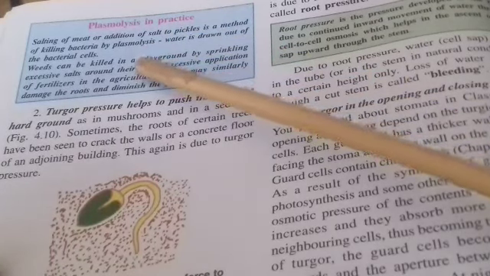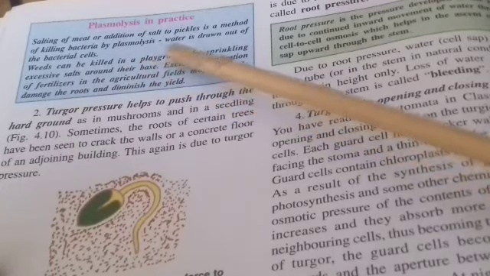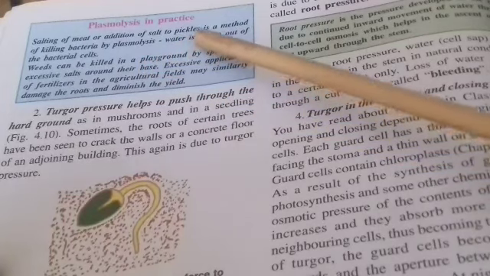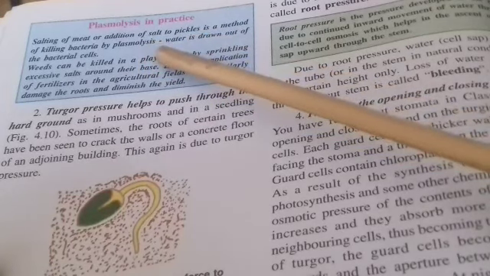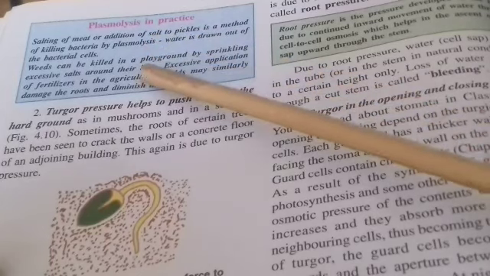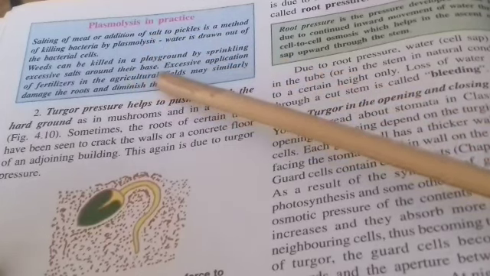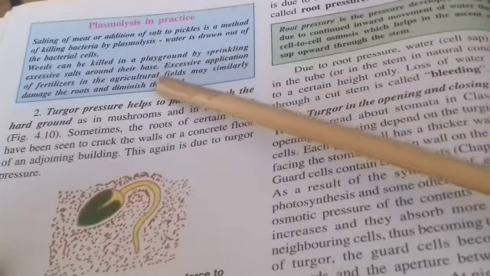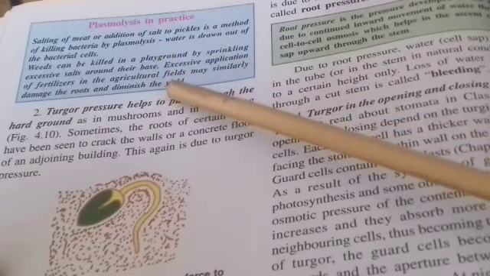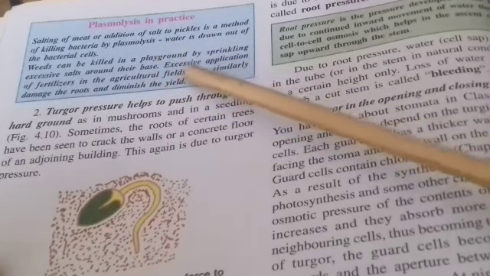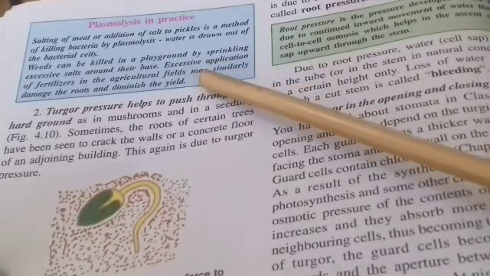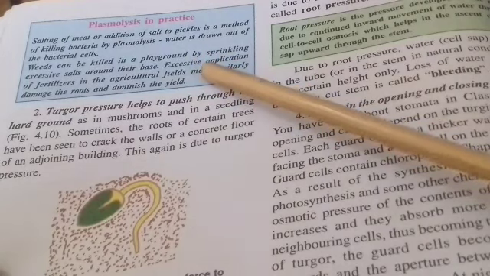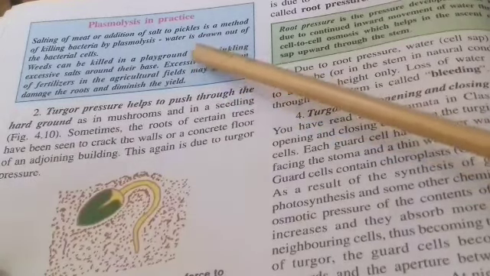In salting of meat or making pickles, the science behind that is plasmolysis. Similarly in making jellies, jams, etc., a high concentration of salt or sugar will be there as the medium. So any bacteria or fungus, when it enters into this medium, plasmolysis takes place and the bacterial cell or the fungal cell dies, so that we can preserve the food material by this method.